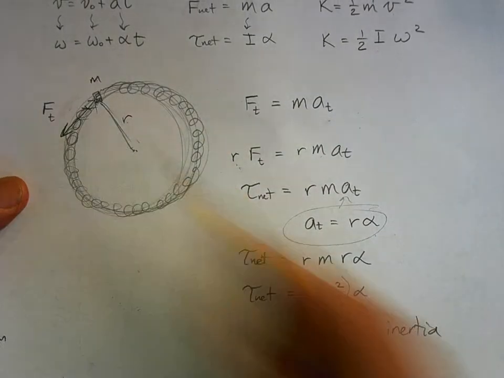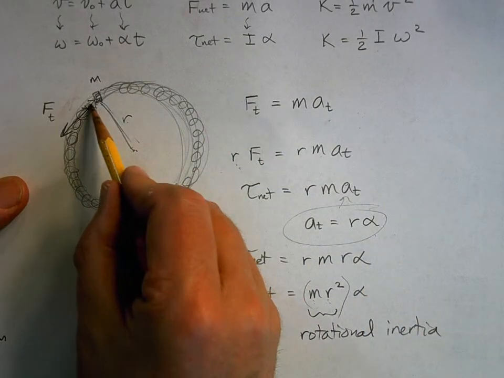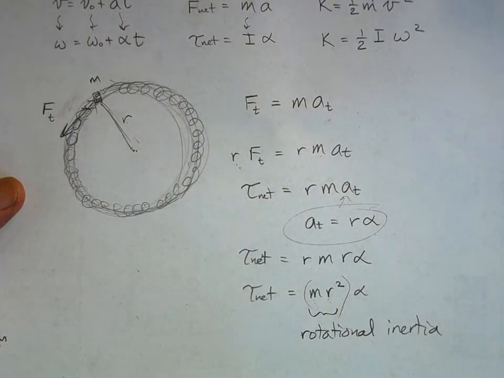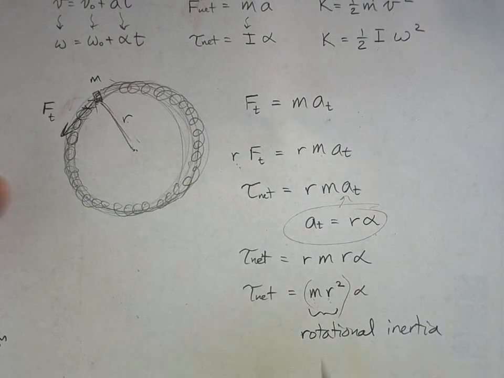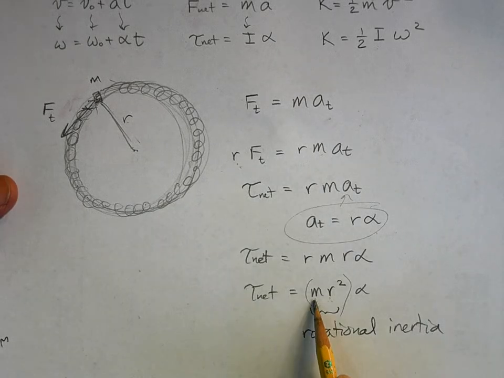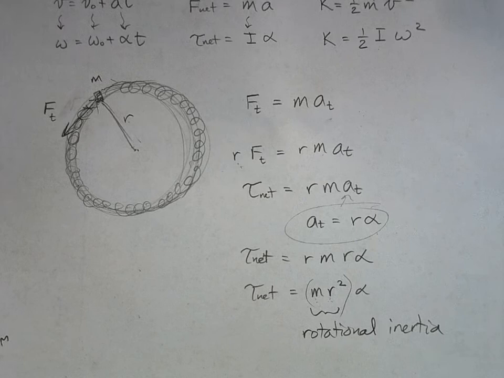R is the same, but all that would do is multiply the mass. And if I multiply the mass, I've got more rotational inertia. It would be harder to make that thing accelerate around the circle. So it's a combination of mass times r squared that gives that to us.